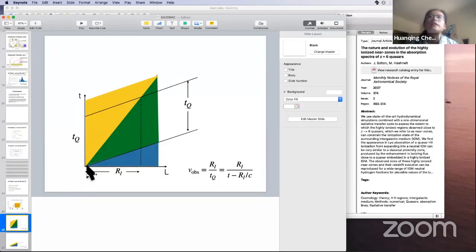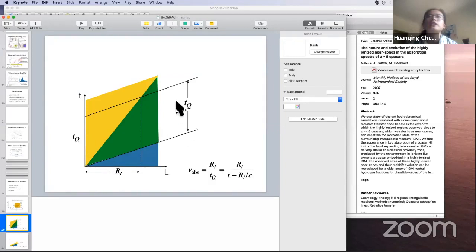Here I show the sightline and the time. If we assume this is the speed of light, then what we actually observe is the region between these. So assume this is the light from here, this is the speed of light.